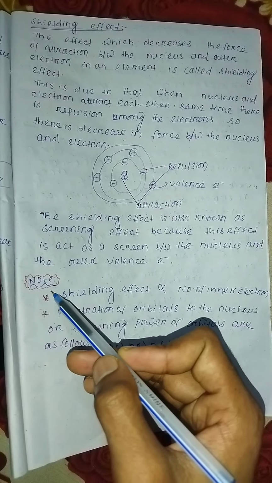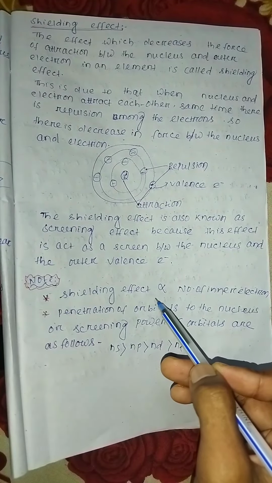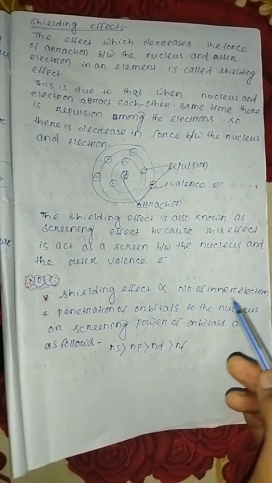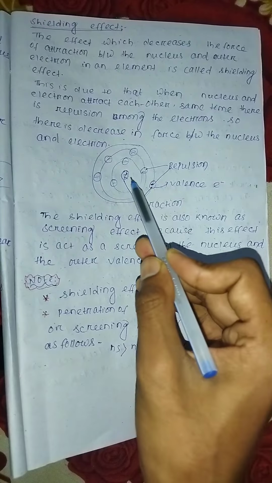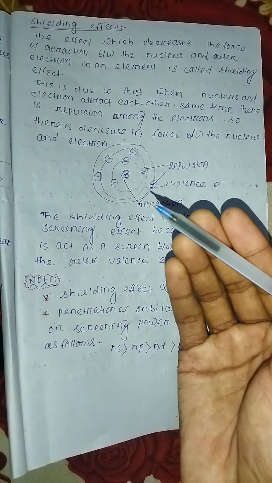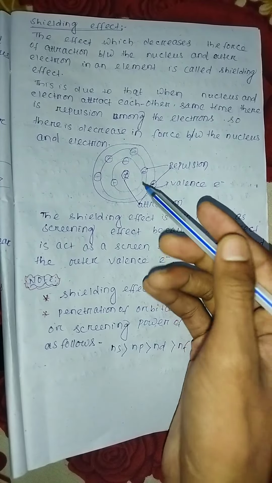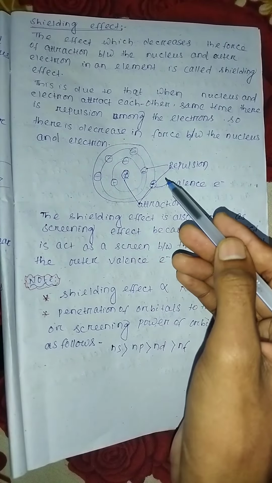The important thing we will note here: the shielding effect is directly proportional to the number of inner electrons. That means the effect which decreases the attraction between the nucleus and valence electron is called the shielding effect.